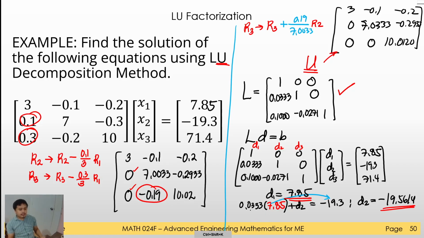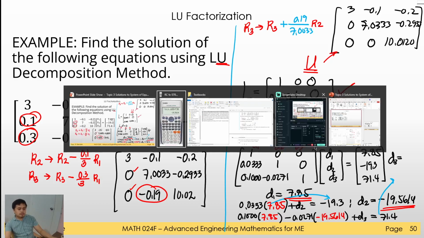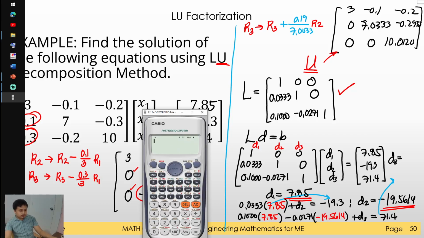And then D1. So for D3, okay, I guess I can fit this here. So we have 0.100 times 7.85, and then minus 0.0271 times negative 19.5614 plus D3 is equal to 71.4. So I'll just write this here. D3 will be equal to 71.4 minus 0.1 times 7.85.